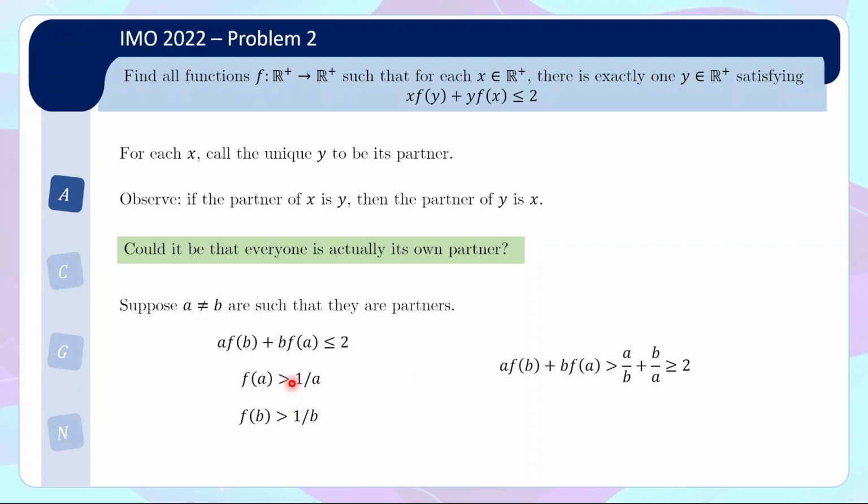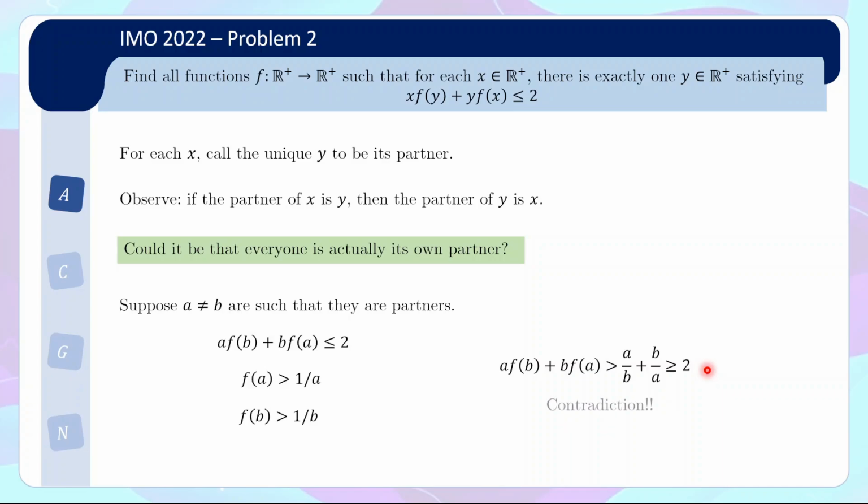So if we put these inequalities back into the original one, we get a f(b) plus b f(a). Now f(b) is bigger than 1 over b, so you have this, and f(a) is bigger than 1 over a, so you have this. So you have this left-hand side bigger than this thing, which you can very easily check is greater than or equal to 2, let's say using AM-GM, or the multitude of other ways that are possible.